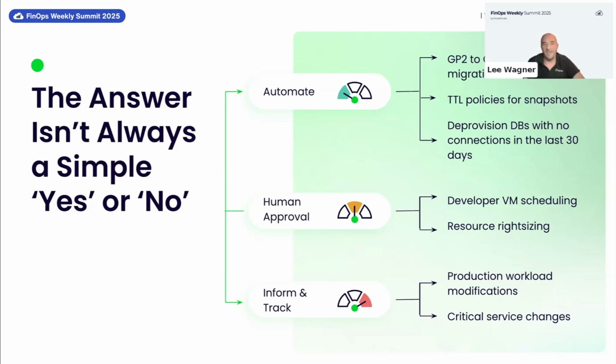This isn't about playing a blame game. It's about adding additional essential checks and balances. And finally, for the high risk decisions, you might only want to be informed. You want to be able to track its progress, gather all the data, and then present it to a human who can make a mindful and manual decision.